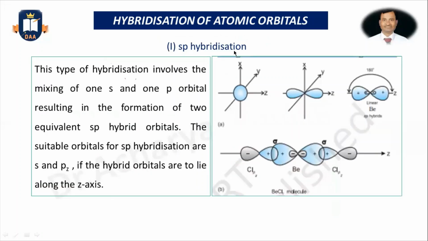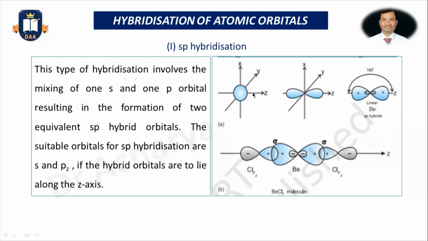First number, sp hybridization. This type of hybridization involves the mixing of one s and one p orbital, resulting in the formation of 2 equivalent sp hybrid orbitals. The suitable orbitals for sp hybridization are s and pz if the hybrid orbitals are to lie along the z axis.